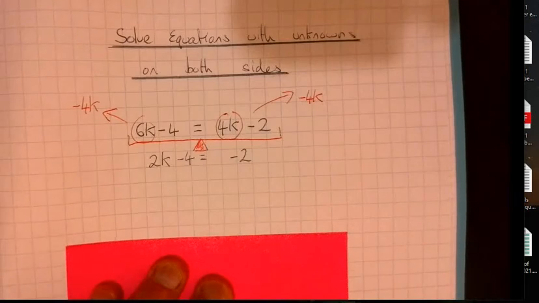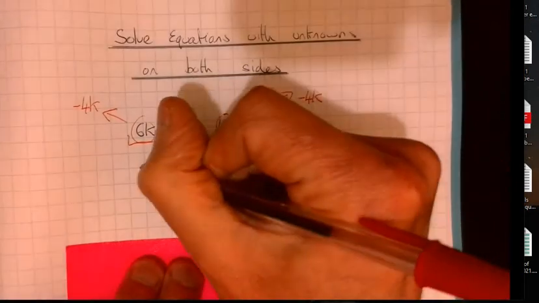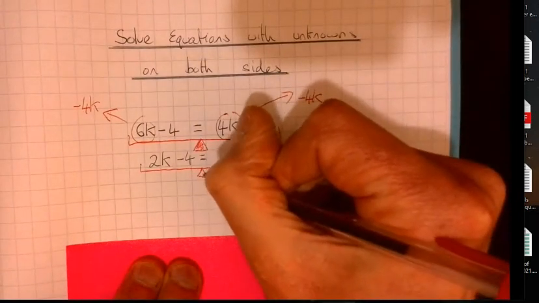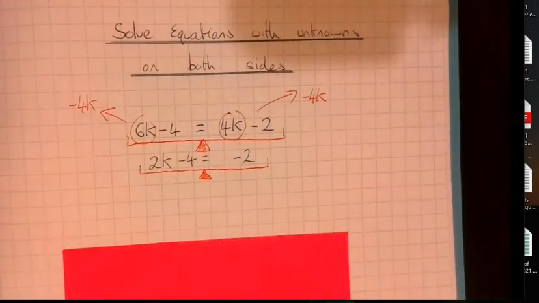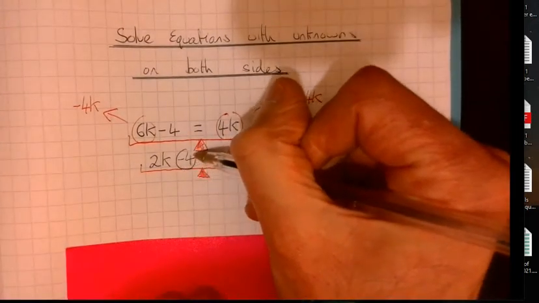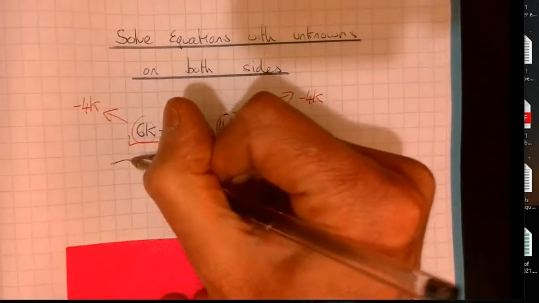Now, again, just picture the scales. Have a little look. Remember, do the same as me. And what we're going to do now, see this minus 4, I'm going to add 4 to both sides. I'm going to put 4 back on.